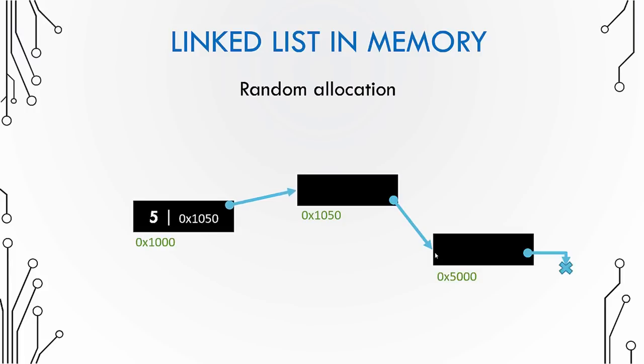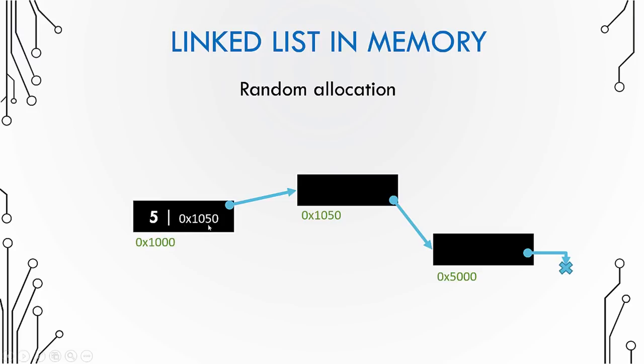Now we know that a linked list's node has 2 parts. One is the data part and another is the link part. What does the link part store? Well, it stores the address of the next node. That is why we say that the link part points to the next node in the list. So the first node contains 2 parts. The first part is the data part, which stores 5 in this case, and the second part stores the address of the next node.